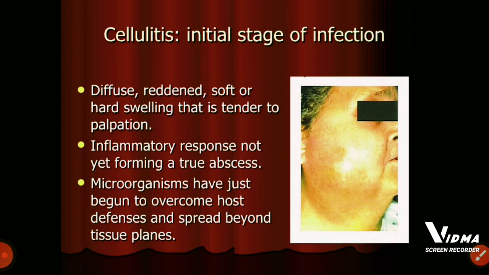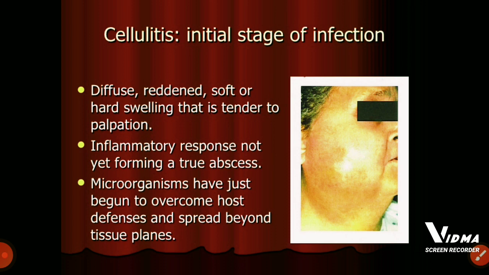Then cellulitis is of two types, initial and final. Here we will see diffuse redness, soft to hard swelling that is tender to palpation. When you get a patient with cellulitis and palpate the swelling area, you will feel that the swelling is soft, or it may be soft to harder in nature. It is an inflammatory response not yet forming a true abscess.